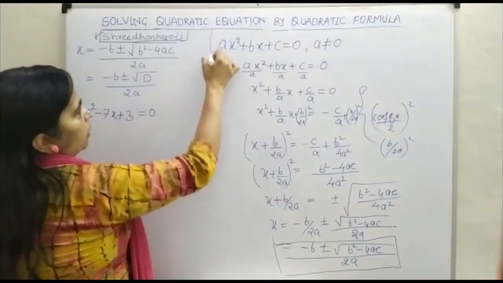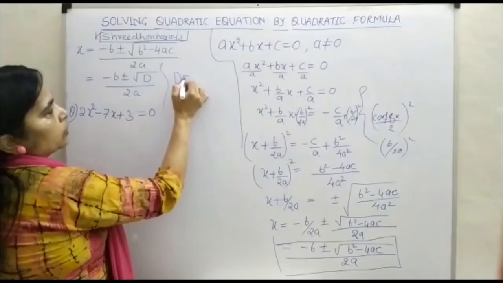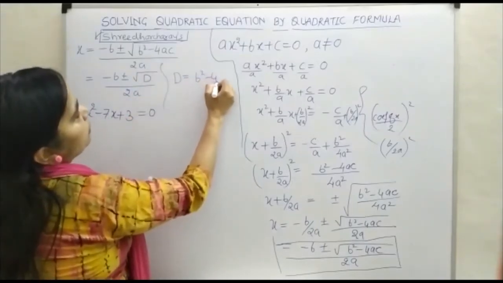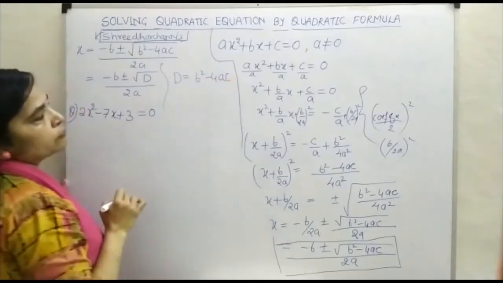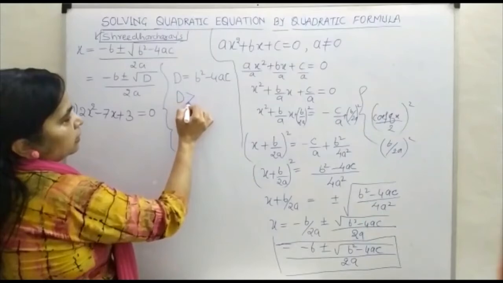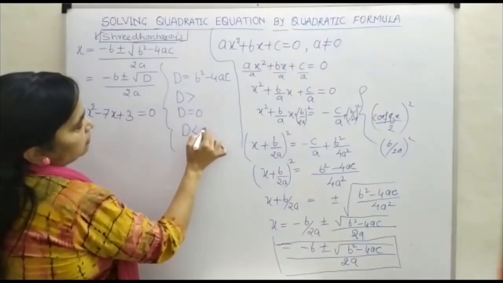Now we will solve one question with the help of this quadratic formula. One more term you have to understand here, that is d. Your d is known as discriminant, which can be replaced by b square minus 4ac. When we work out any question, we first see whether d is greater than 0, equal to 0 or less than 0.